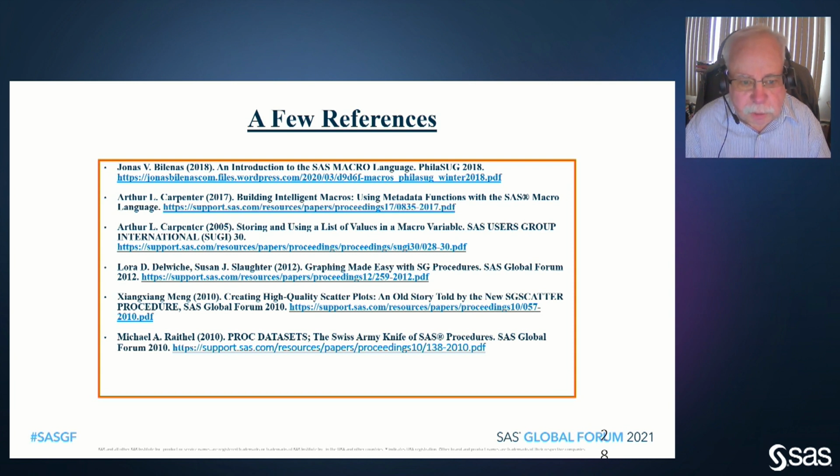If you're still trying to learn the new SG procedures, which I call the super graphics, plot, panel, or SG scatter, you could start with the Susan Slaughter and Lora Delwiche presentation at, I think, SAS Global 2012. There was another interesting paper at 2010. And also Michael Rietveld had a great paper on using proc datasets.